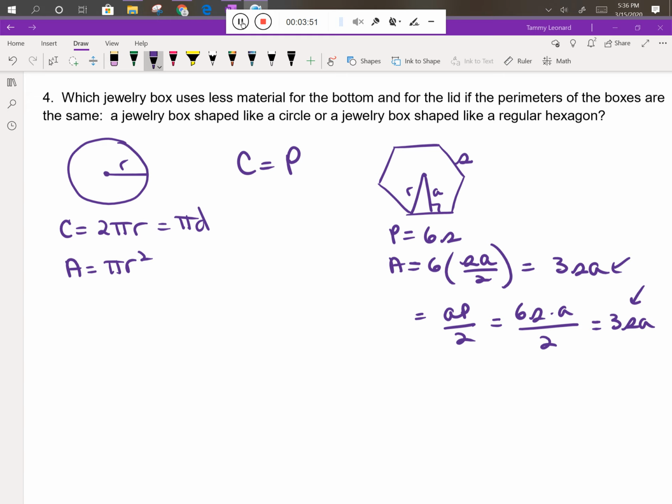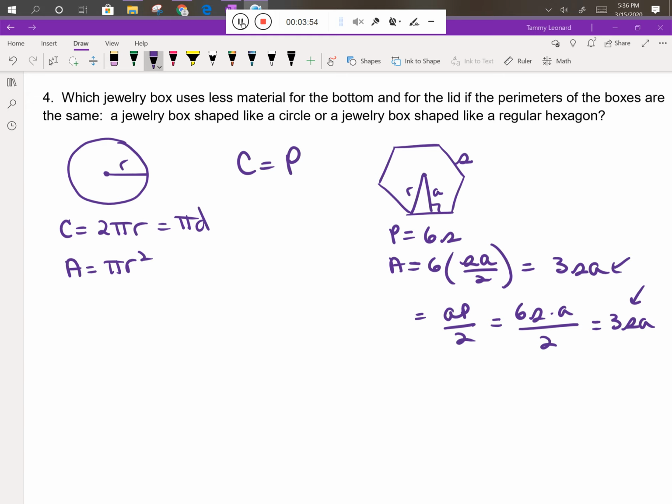So as I think about that, I'm like, well, I need a way to describe them using the same variables. So if I look at this, I can say, well, if circumference is 2 pi r and perimeter is 6s, right? 6 times the side.